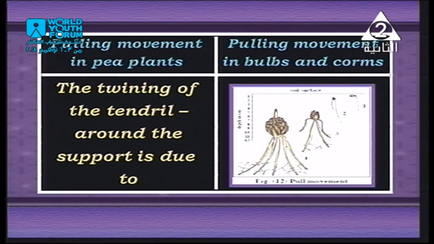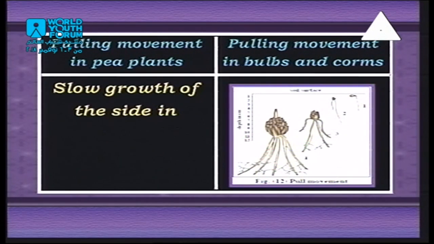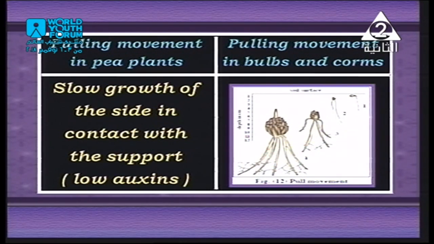We have two sides for the tendril, the side near to the support and the far side. The slow-growing side in contact with the support has a low amount of oxygen, so its growth will also be slow.